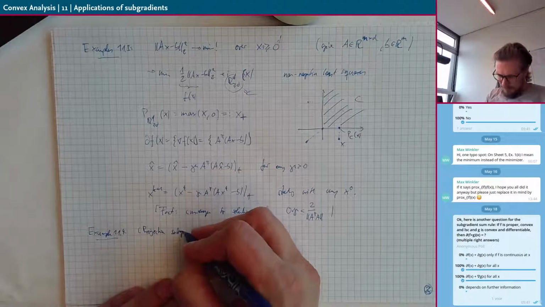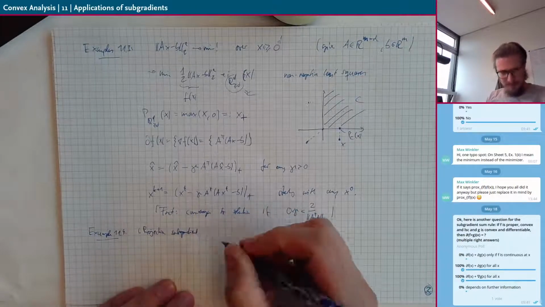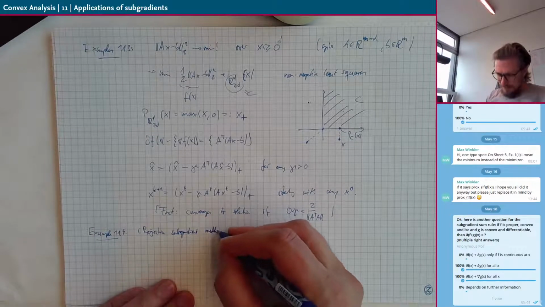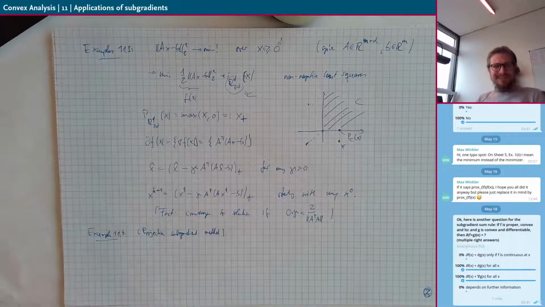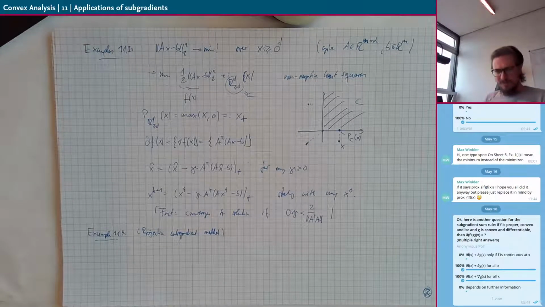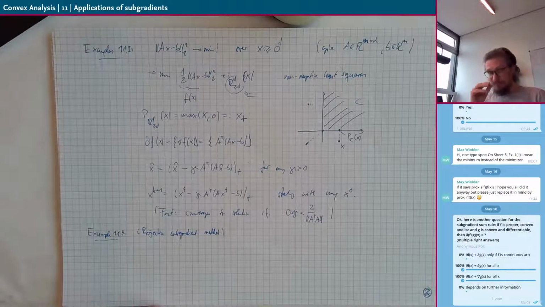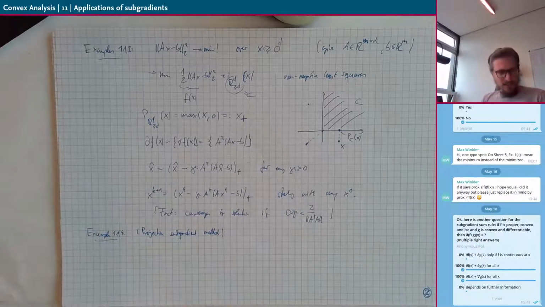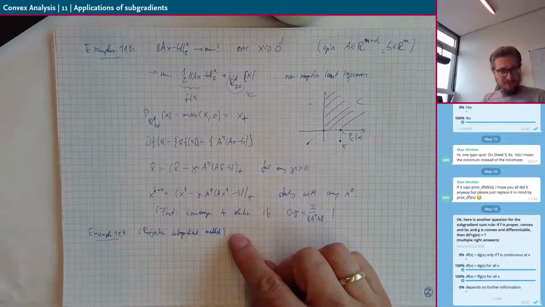subgradient, and there's actually a typo in the lecture notes. It's subgradient method. I've written projected subgradient descent. You know the term descent from optimization a lot, because a descent algorithm is an algorithm which always reduces the function value. If you want to minimize, that's the right thing to do, maybe. But actually this method is not a descent method.